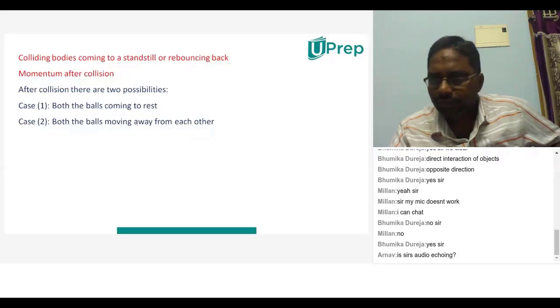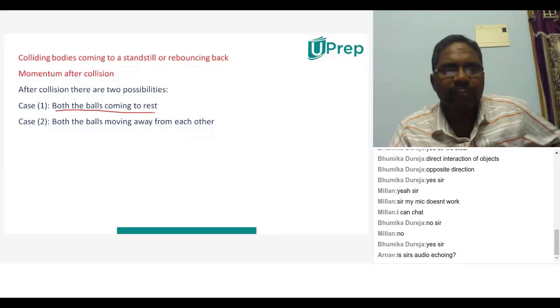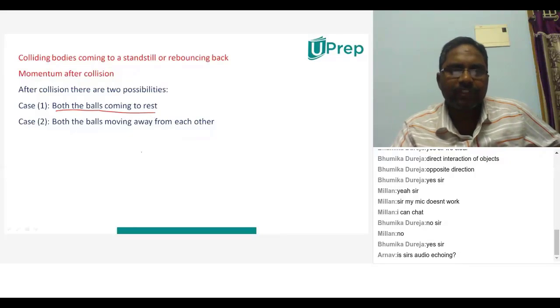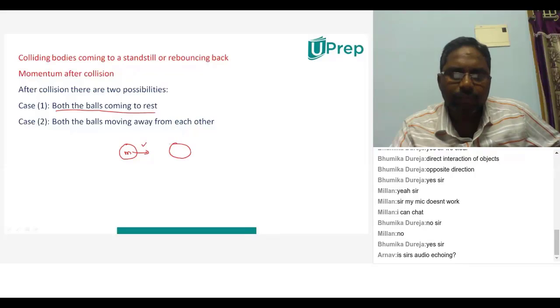The first possibility is that both the balls come to rest after the collision. That means before collision, objects are moving like this. Observe. The first object is moving with a velocity v, and this second object has the same mass but is moving in the opposite direction, that means with a velocity of minus v, and they collided, and after collision they stopped there only.